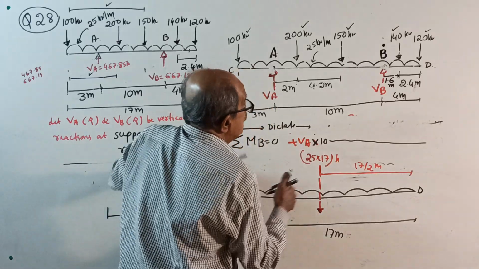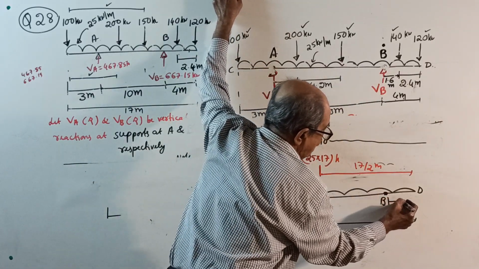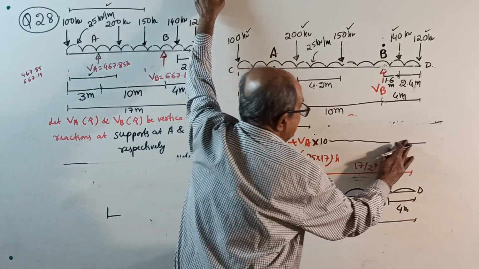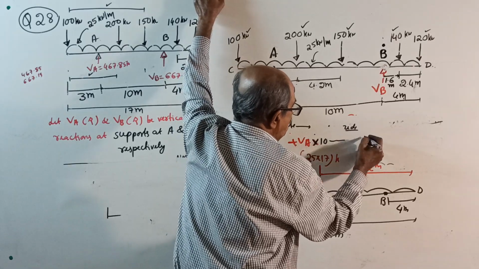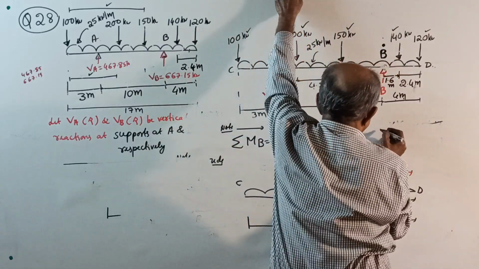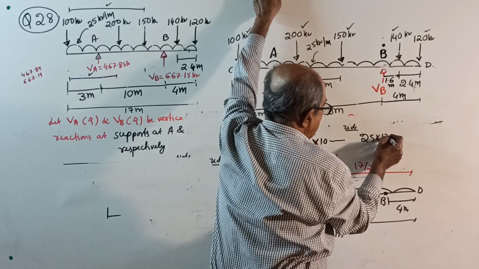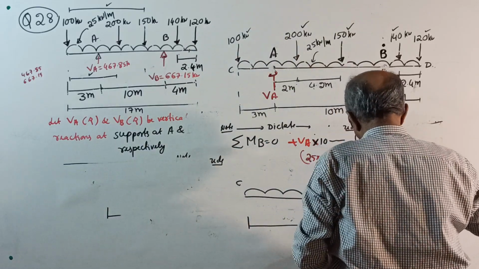But our moment point is B here. This is 4 meter. Therefore, when the time for UDL comes, see here, 25 into 17 is the total load, into the moment arm about B that you want.